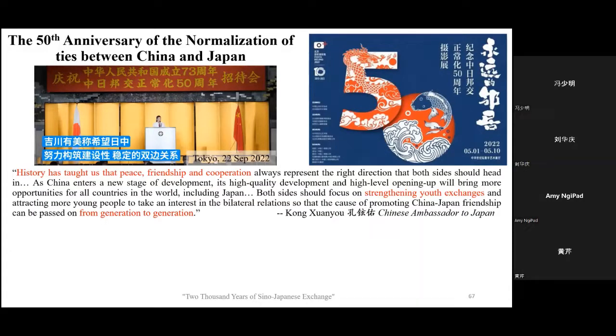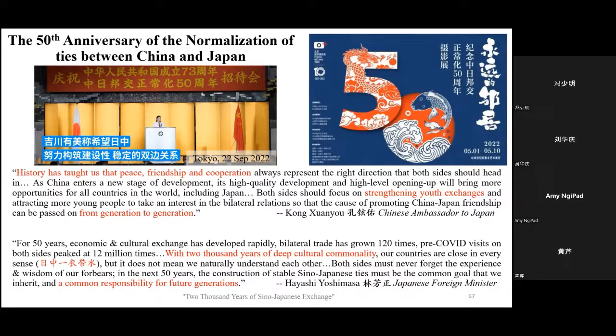And Mr. Kong Xuanyu, in a statement to Japan, says that history has taught us that peace, friendship, and cooperation is always the right direction, and we should strengthen youth exchange so that we can pass this Japan-China friendship from generation to generation.